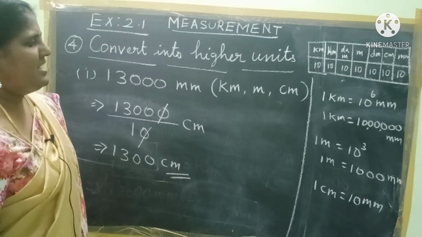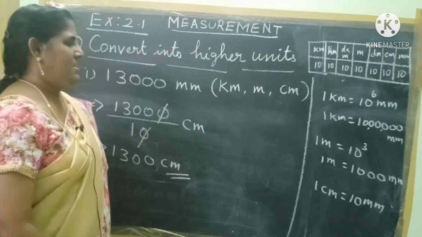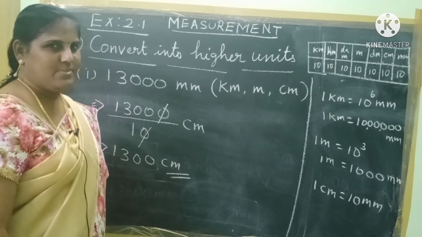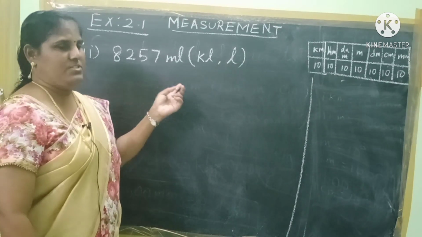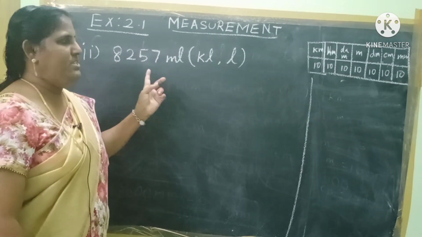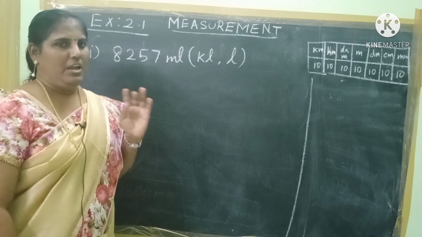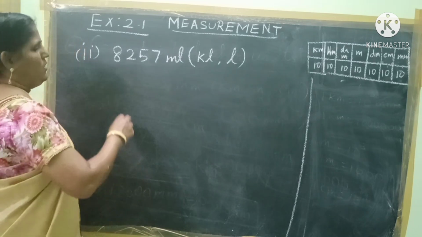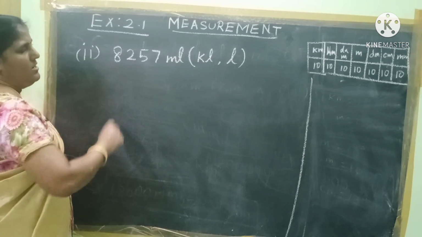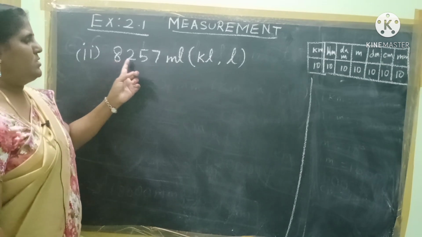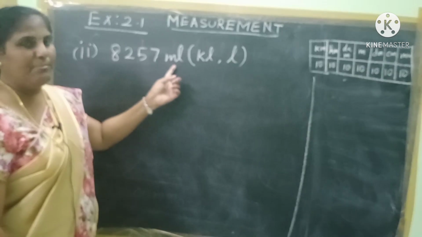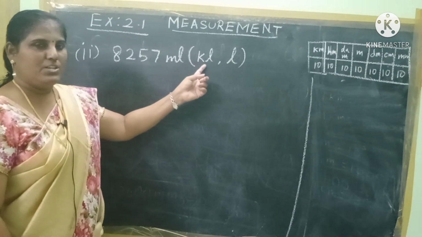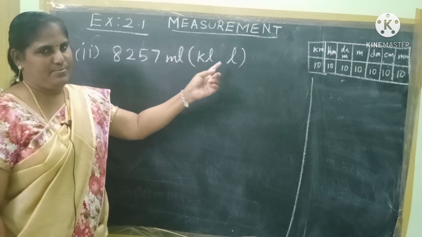I hope all of you understand this very well. Shall we move to the next sum? Let's see this question. This sum is homework. In between I am going to give a question as homework. See the sum: 8257 milliliter, you need to change to kiloliter and liter.